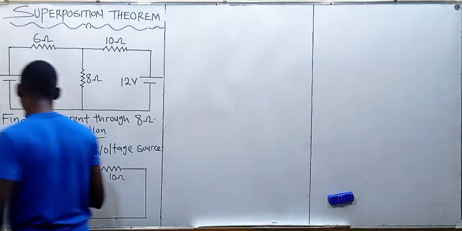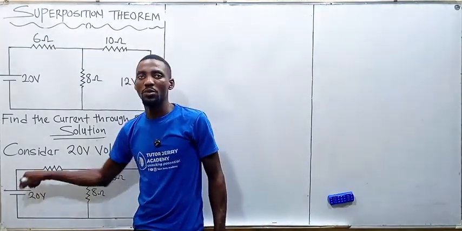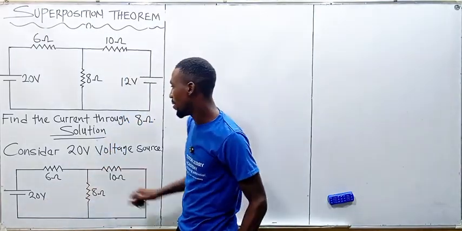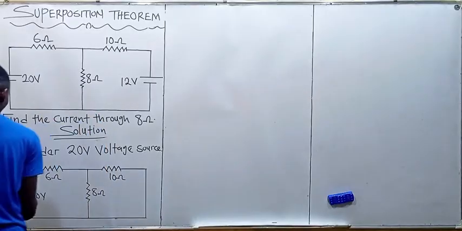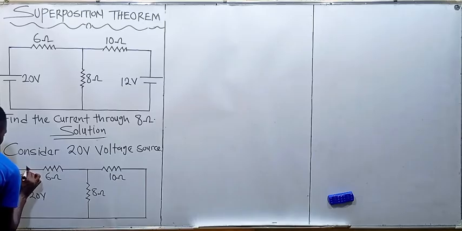Now, if you have a voltage source, definitely there must be a current produced by the voltage source. Do you understand? So let's say the current coming from this voltage source, which is also the total current entering into this circuit, is, let's call it I1, because we are not given.